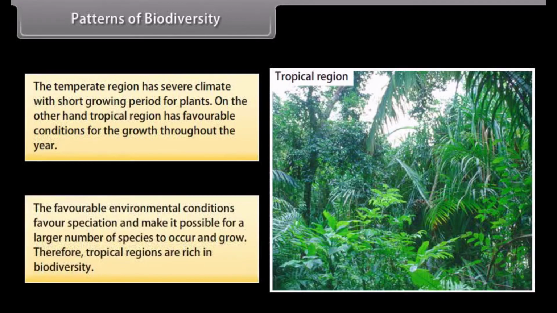The favorable environmental conditions favor speciation and make it possible for a larger number of species to occur and grow. Therefore, tropical regions are rich in biodiversity.